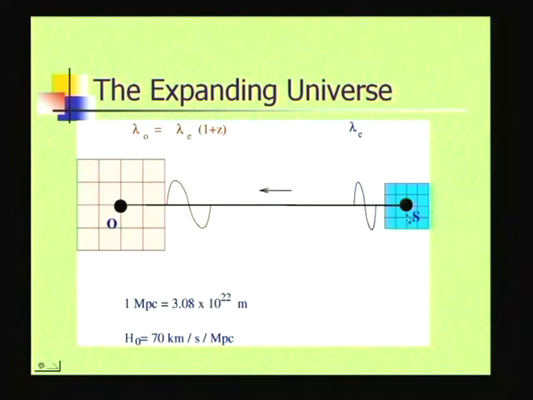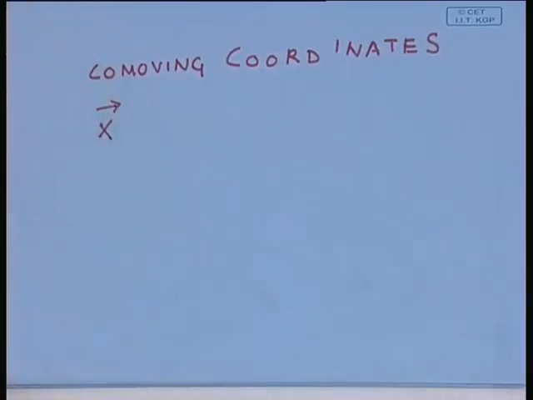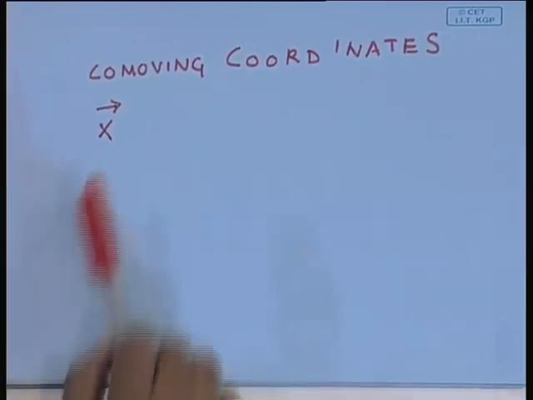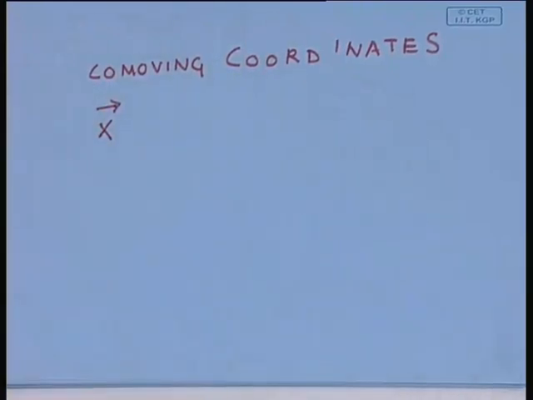Let us consider a coordinate system x that remains fixed to these galaxies, and this coordinate system is called the comoving coordinate system. So, let us consider a coordinate system that remains fixed to these galaxies.